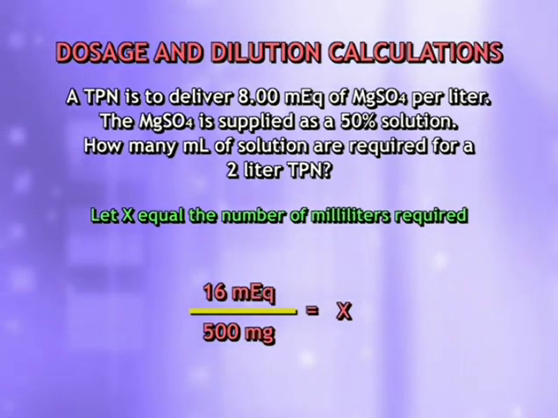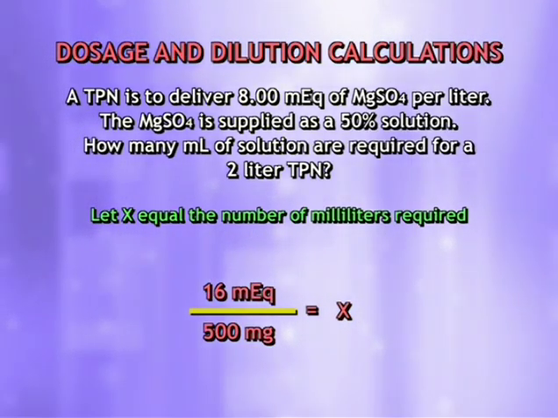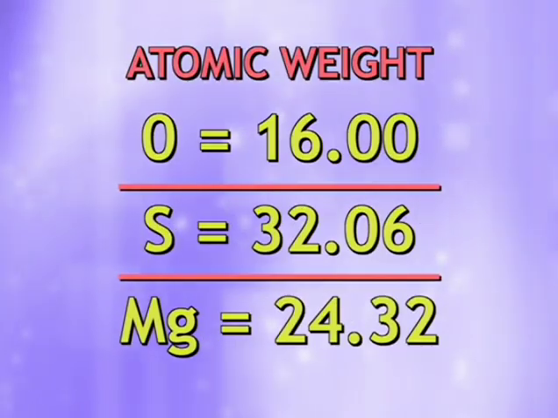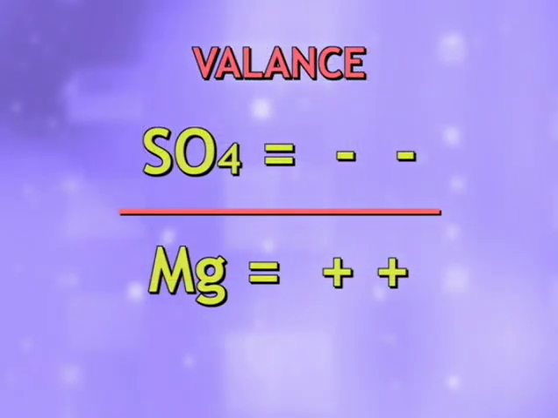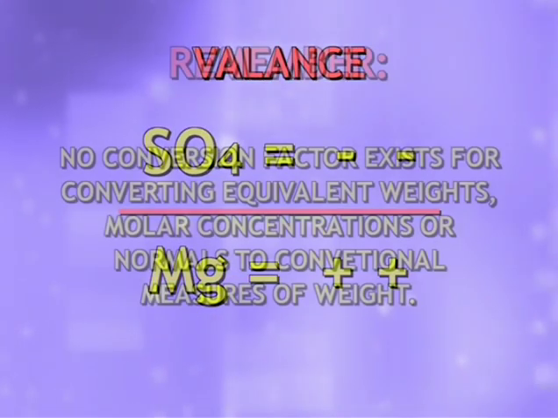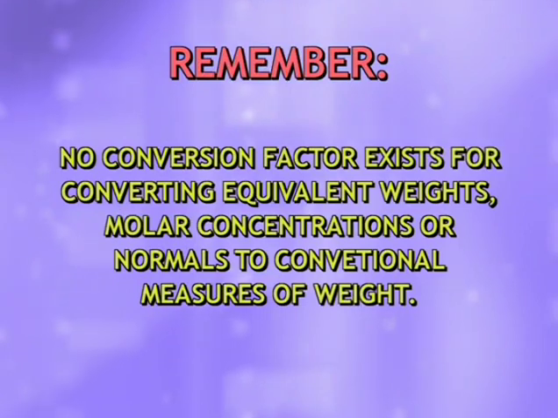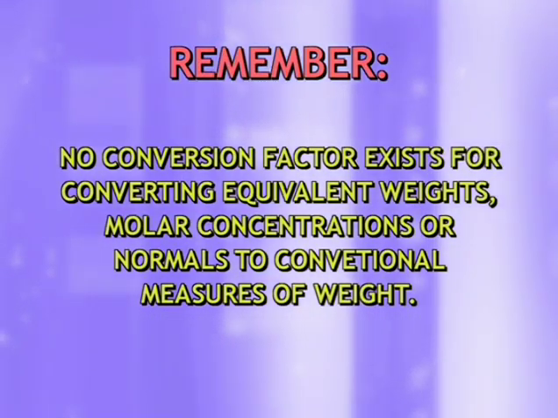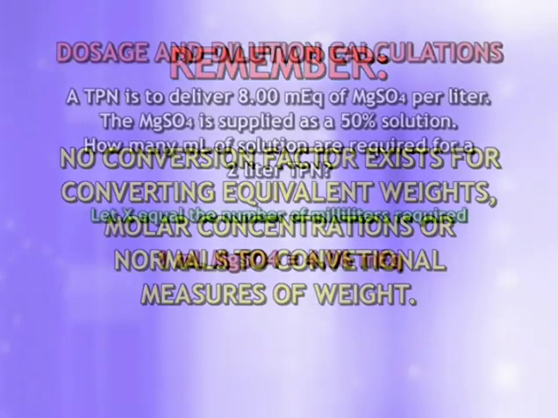In order to solve the equation, it looks as though we will need a conversion factor for milliequivalents and milligrams. The equivalent weight of a substance is based upon the molecular weight of the substance and the valence of the ion. Remember, no conversion factor exists for converting equivalent weights, molar concentrations, or normals to conventional measures of weight.